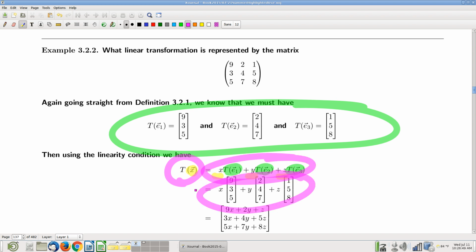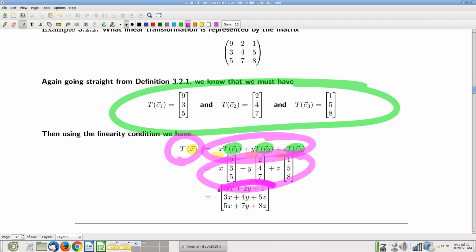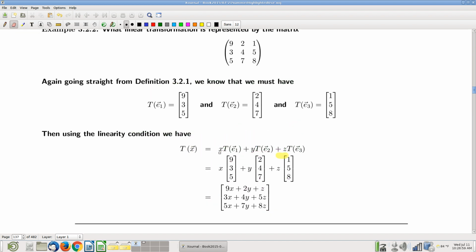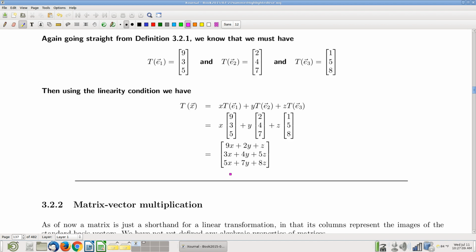Namely, you get this. It's just a matter of capitalizing on the linearity, and there's your formula for T of X. Everybody good?